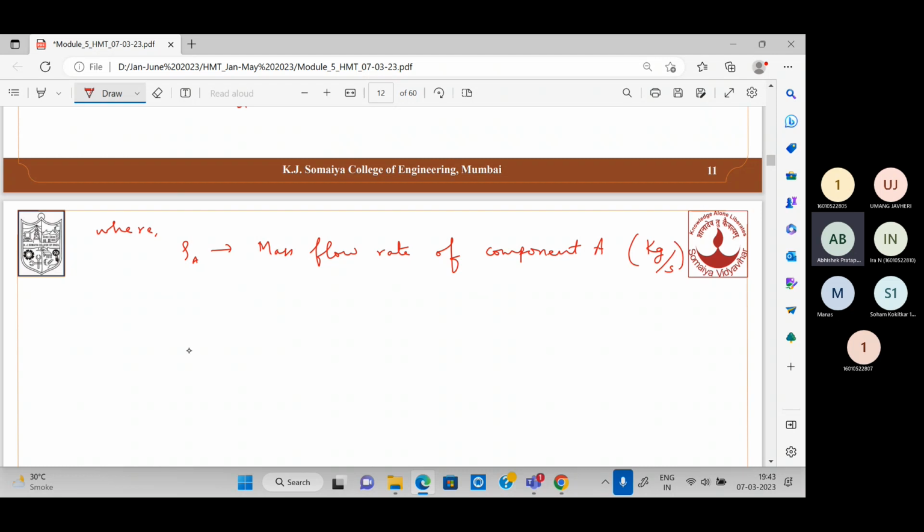A is the area through which mass Ma is flowing, and the unit is meter square.